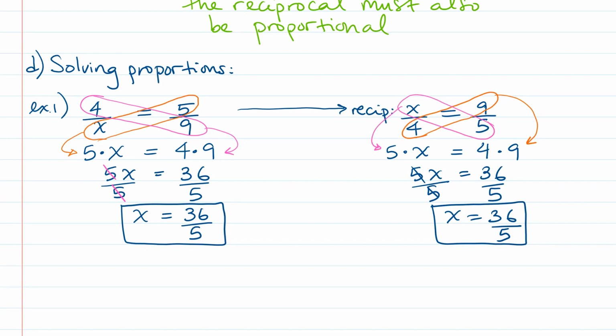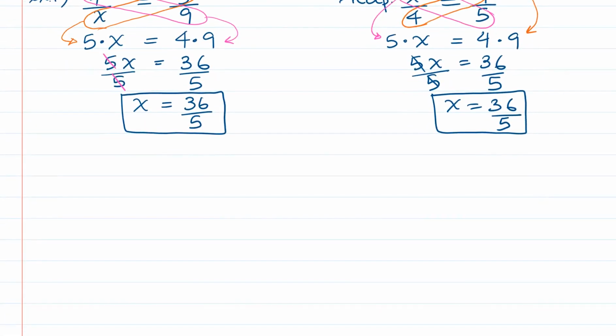As you can see, I'm showing two different ways. The 5 times x goes from the bottom left to the top right, with 5x on my left side in the first column, and in the second column I did 4 times 9, but my answer is on the right hand side. Either way, it's going to work. You just need to decide which direction you're going to go. All right, example 2.